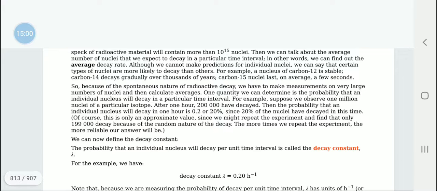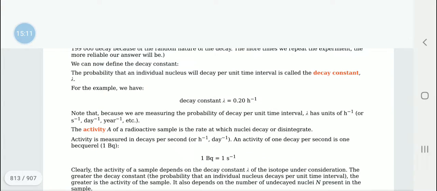So the decay constant lambda is equal to 0.20 per hour. This decay per unit time interval, lambda, has units of h minus 1, or it could be per second, per day, per year, anything.